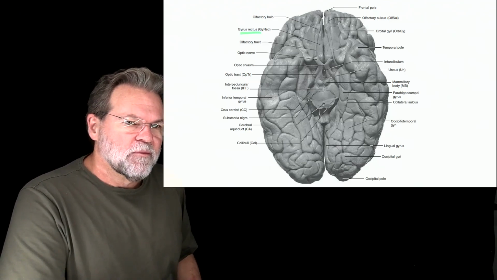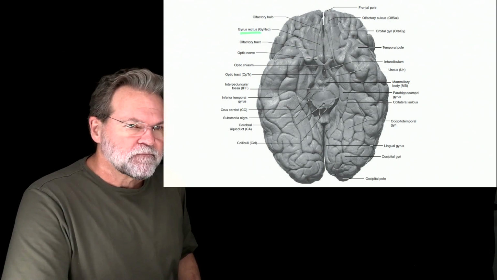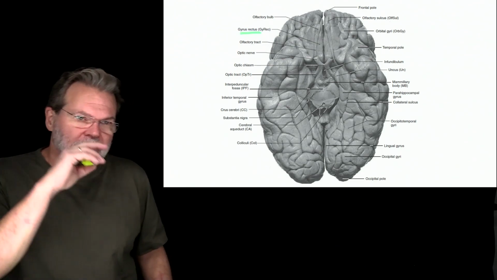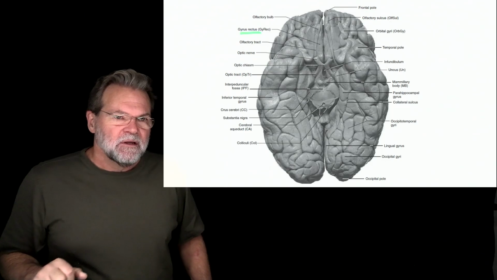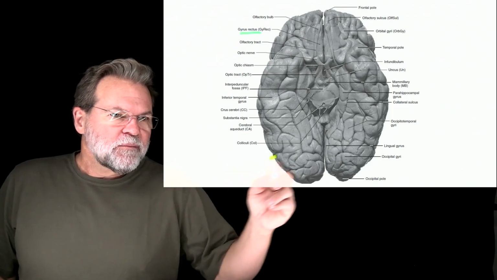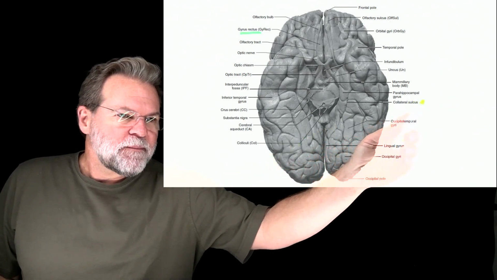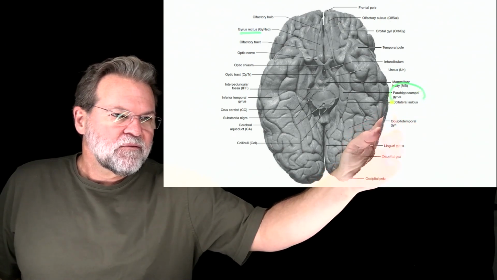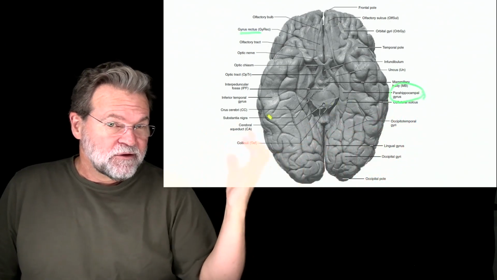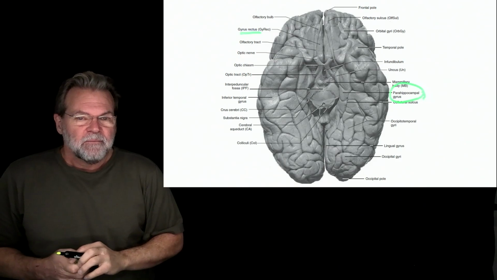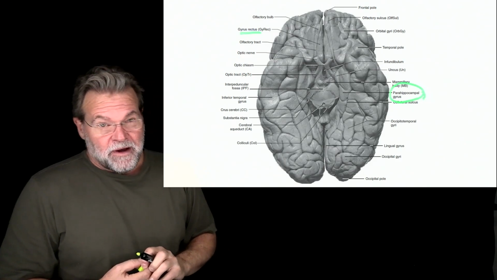So what do I want you to know about gyri and sulci? The gyri and sulci on the inferior view of the brain, one of the most famous is called the parahippocampal gyrus. You see that over there? Parahippocampal. Para means around, and it means it's around the hippocampus.